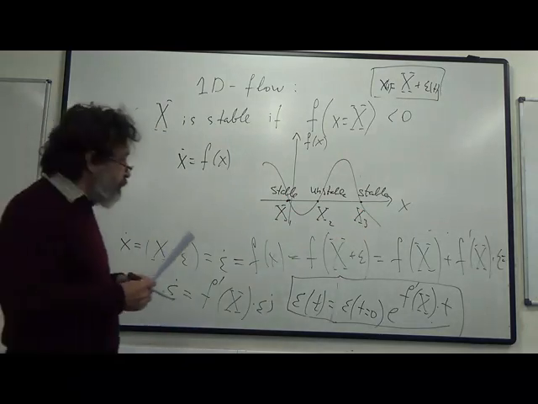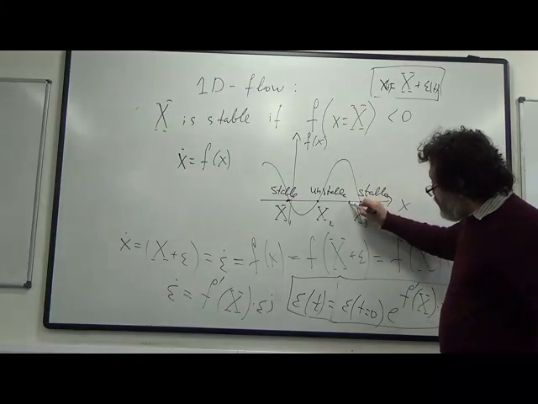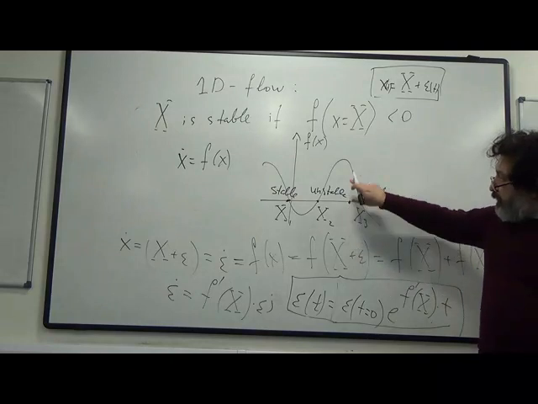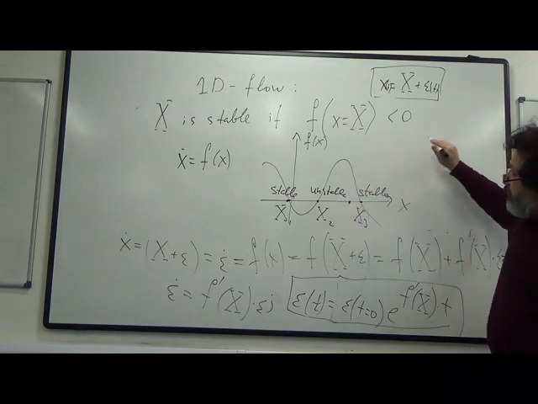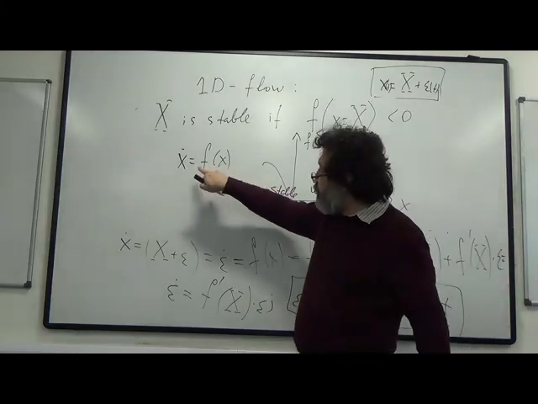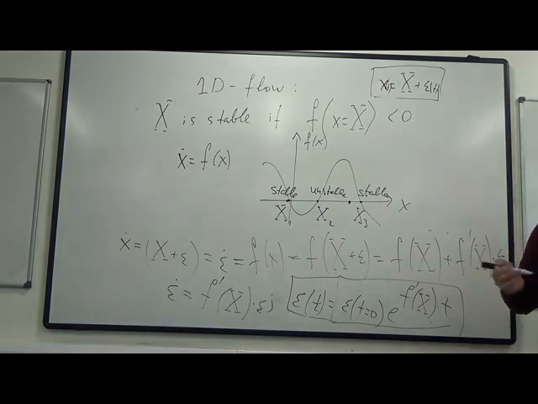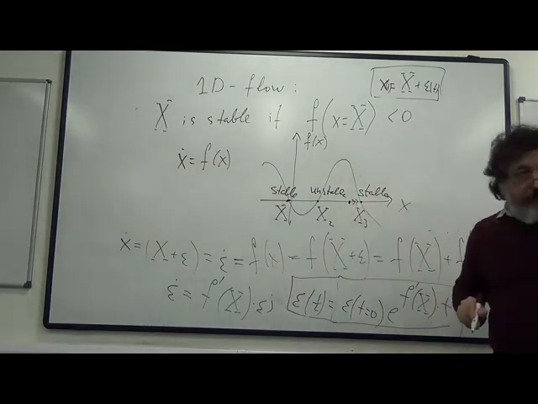You can put it in a different way. Assume you started somewhere here, your x naught is here. Then f of x is positive. You remember that f of x equals x dot. Then x dot is also positive. X dot positive means x is increasing over time. Therefore it should go this way in the course of time.